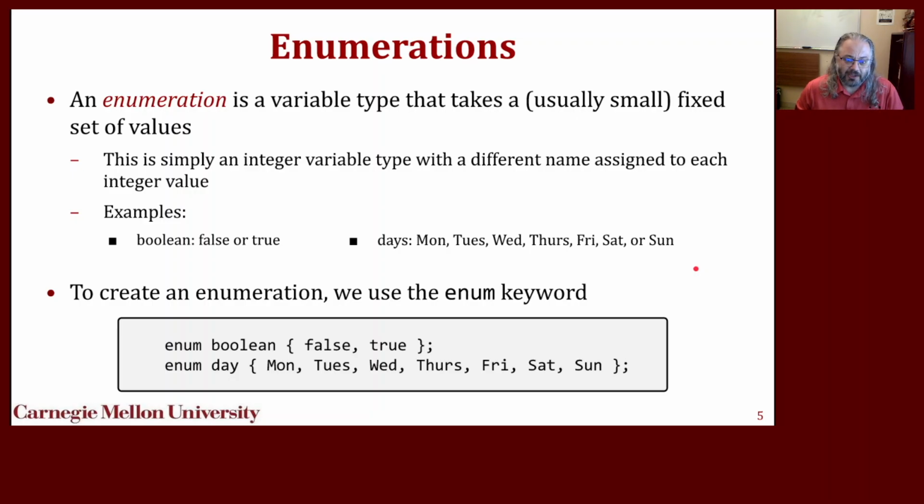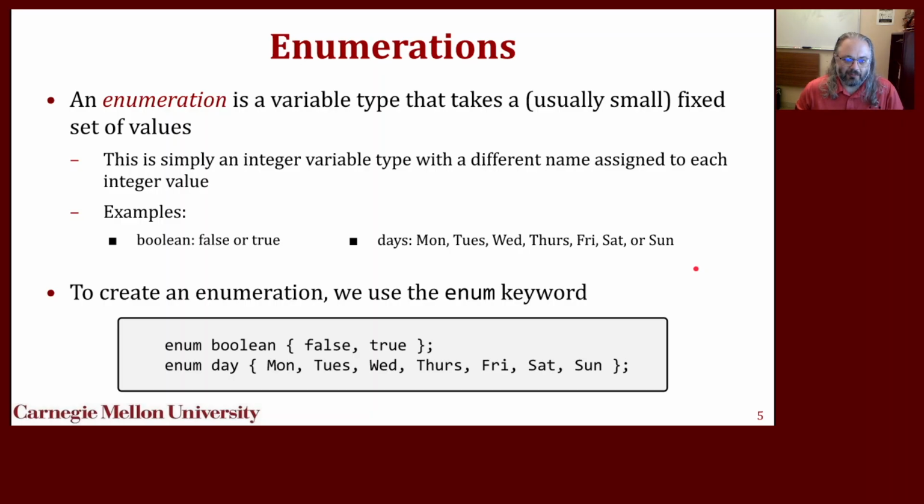We can use an enumeration to create a new variable type called a Boolean, and we can name the potential values false and true. Similarly, we could create a variable to keep track of the days of the week, Monday through Sunday, and we could refer to them by their names, and we could have a variable type that only takes those 7 values. We do this using the enum keyword, which is just short for enumeration.